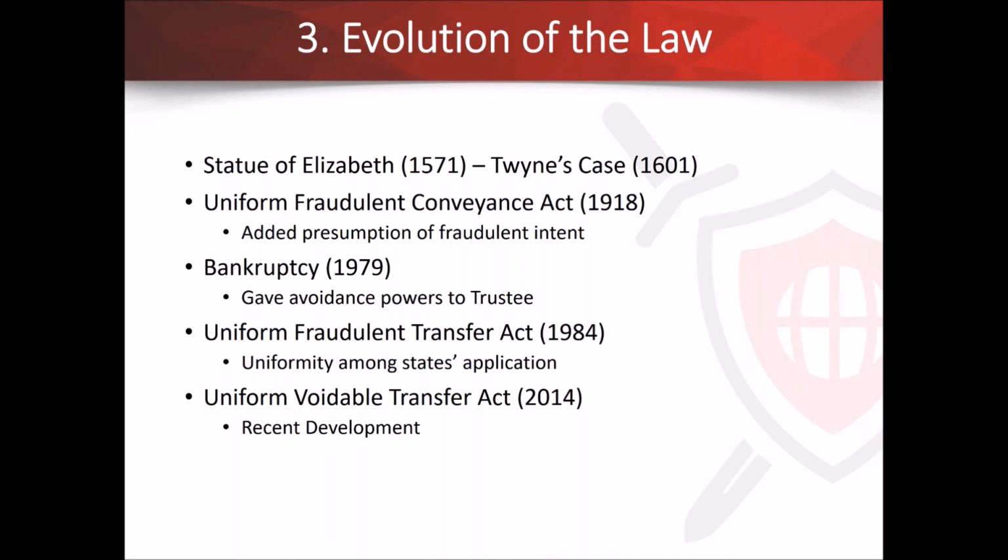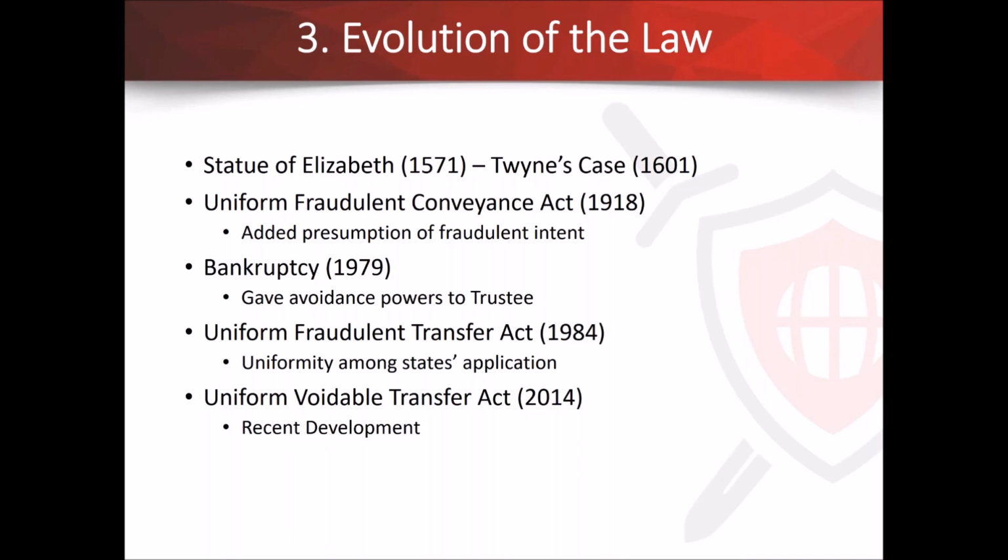And the reason we point this out is that the current law that we act under in several states is this Uniform Fraudulent Transfer Act from 1984 that's been adopted in nearly every state in similar form, but not the same, and is interpreted differently throughout some of the courts.